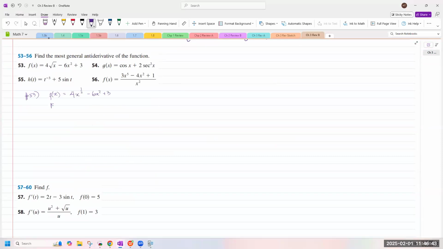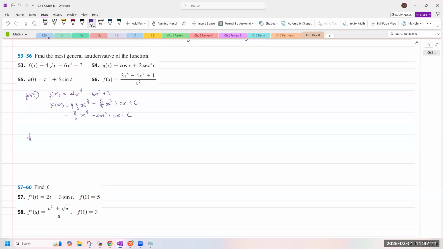So for the antiderivative, I add one to the exponent first, and then multiply the coefficient by the reciprocal. Okay, so this is 6 over 3 x cubed plus 3x plus a constant. Of course, make it nicer: 8 over 3 x to the 3 halves minus 2x cubed plus 3x plus C.